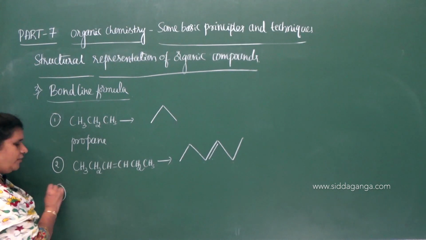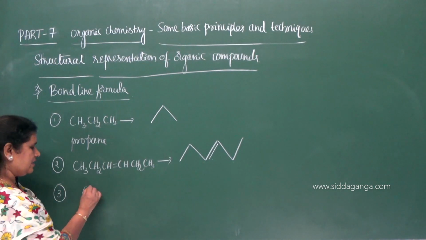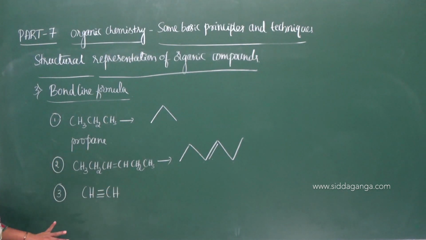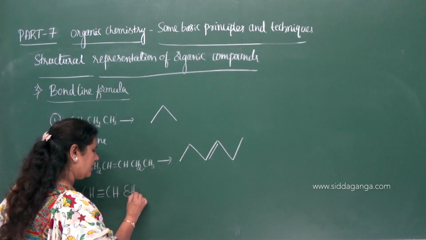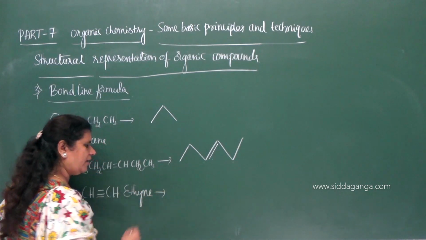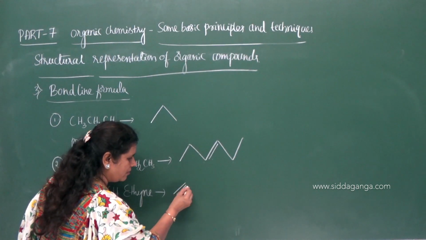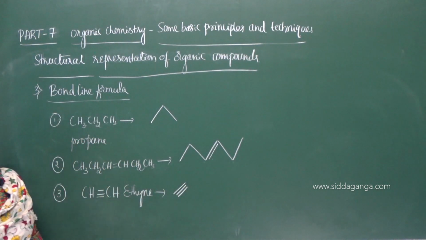And the third one, CH triple bond CH. So ethyne. Ethyne can be represented like this.